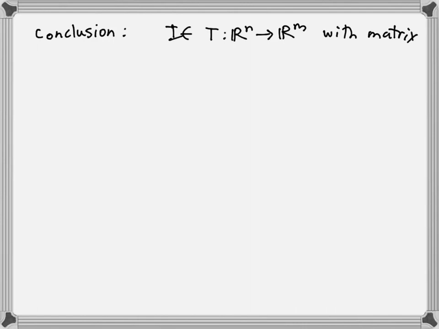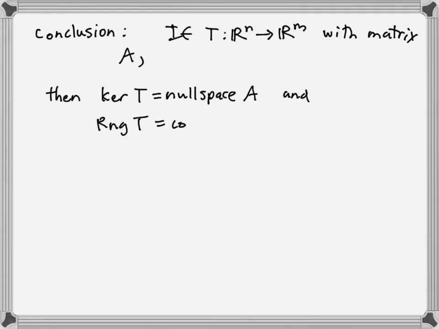The conclusion of what we just wrote is if T is a transformation going from Rn to Rm with matrix A, then the kernel of T is the same as the null space of A, and the range of T is the same as the column space of A. Two very cool facts that are true about any linear transformation that goes from Rn to Rm.